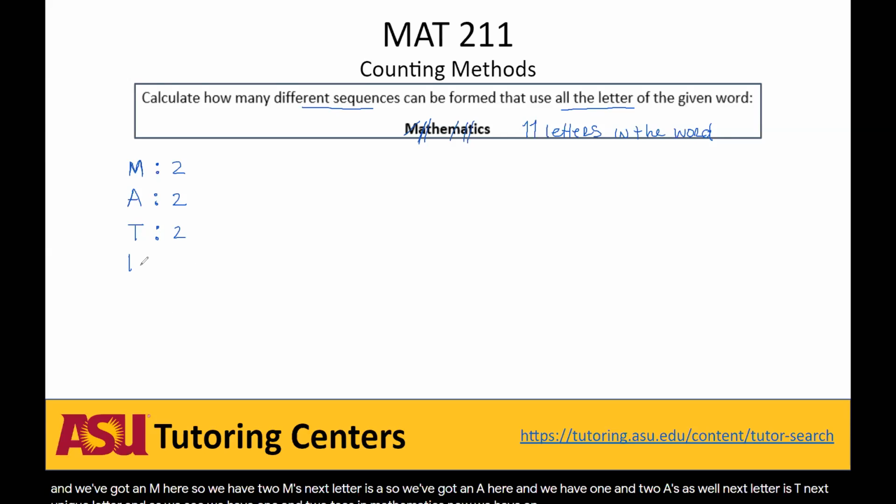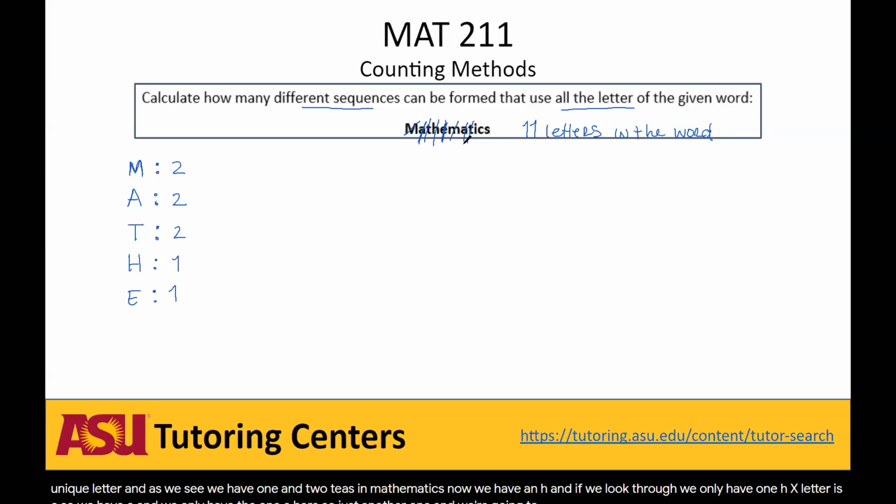Now we have an H, and if we look through, we only have 1 H. And the next letter is E. We only have the 1 E here, so just another 1.